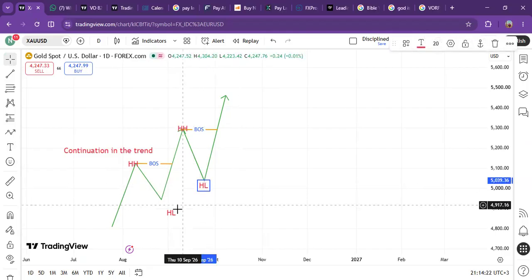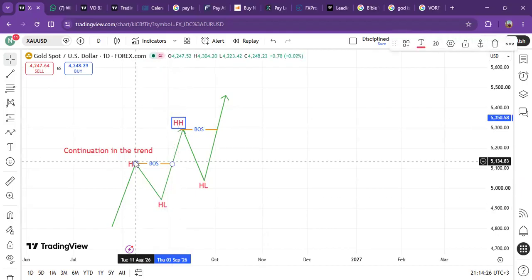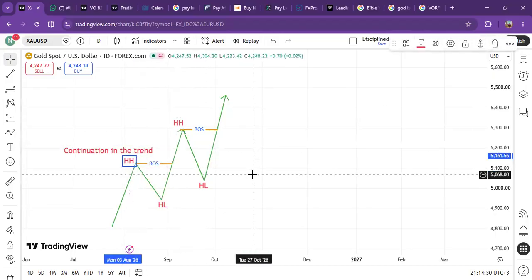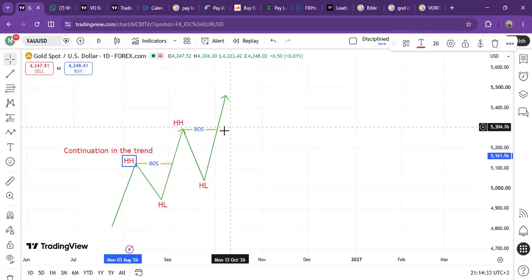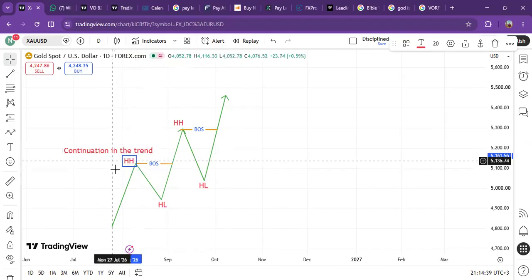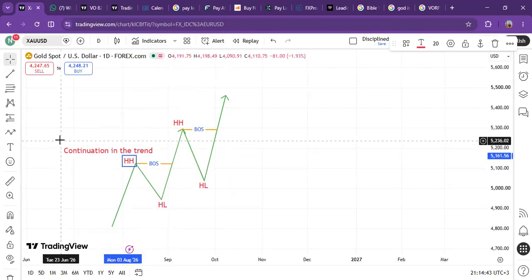Okay, so that's what you're going to see in the market: the higher high, the higher low. When it comes to the break of structures, we want to see the market break the higher highs and maintain the higher lows.